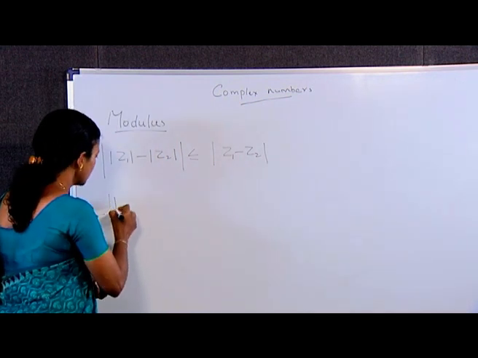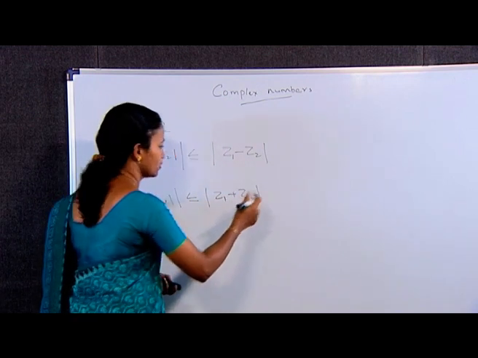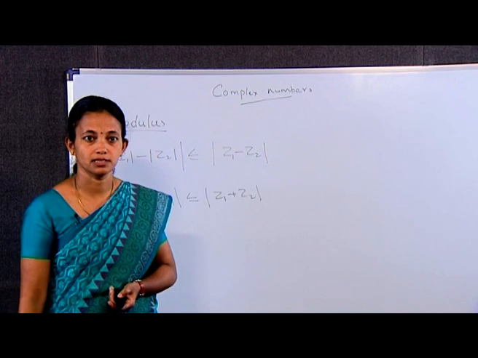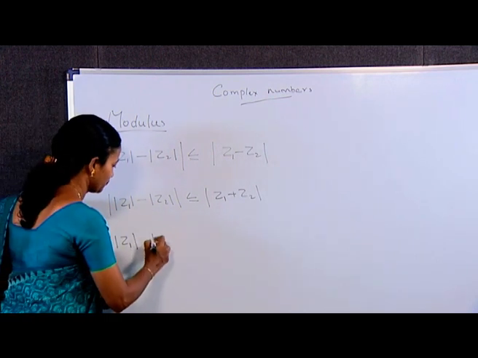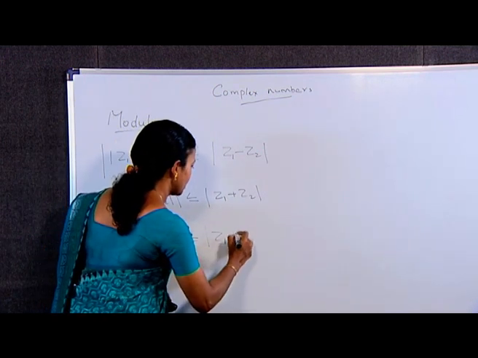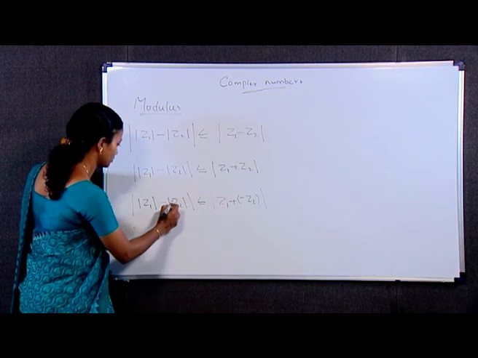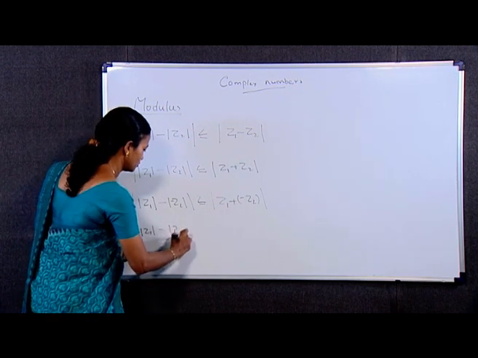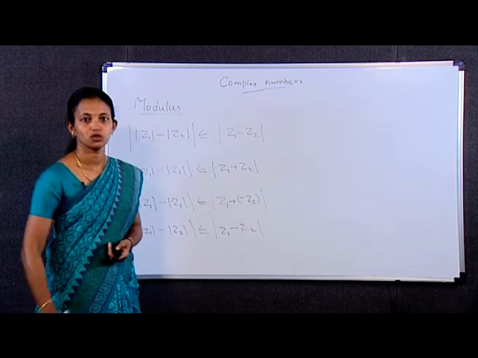In the previous case, we have already described that. Now, replacing Z2 by minus Z2, the above yields mod Z1 minus mod Z2 is less than or equal to modulus of Z1 plus minus Z2, which implies modulus of mod Z1 minus mod Z2 is less than or equal to mod Z1 minus Z2. So, we have the result.